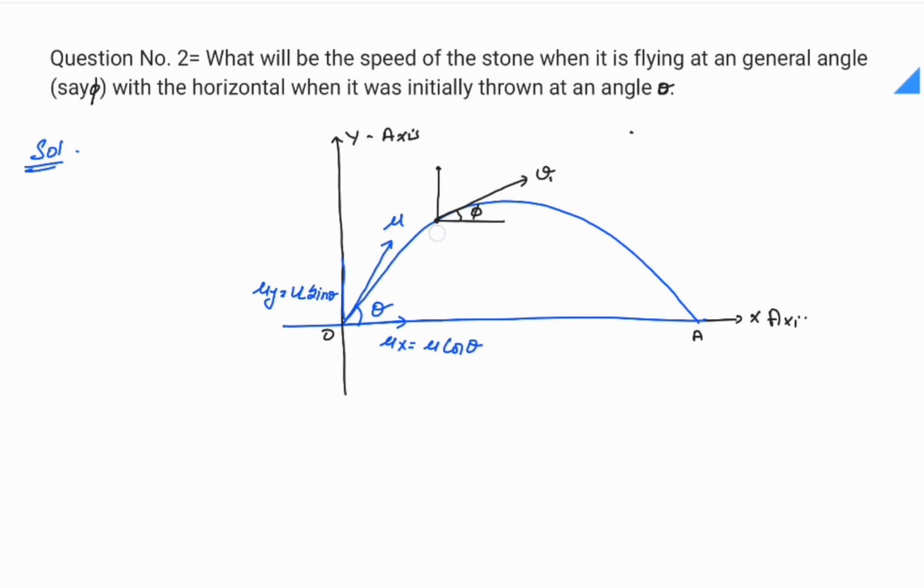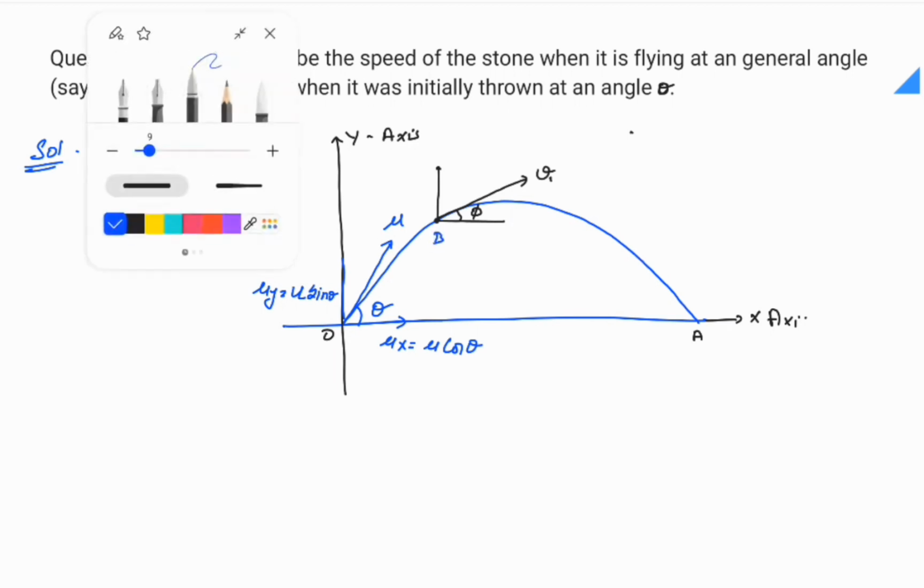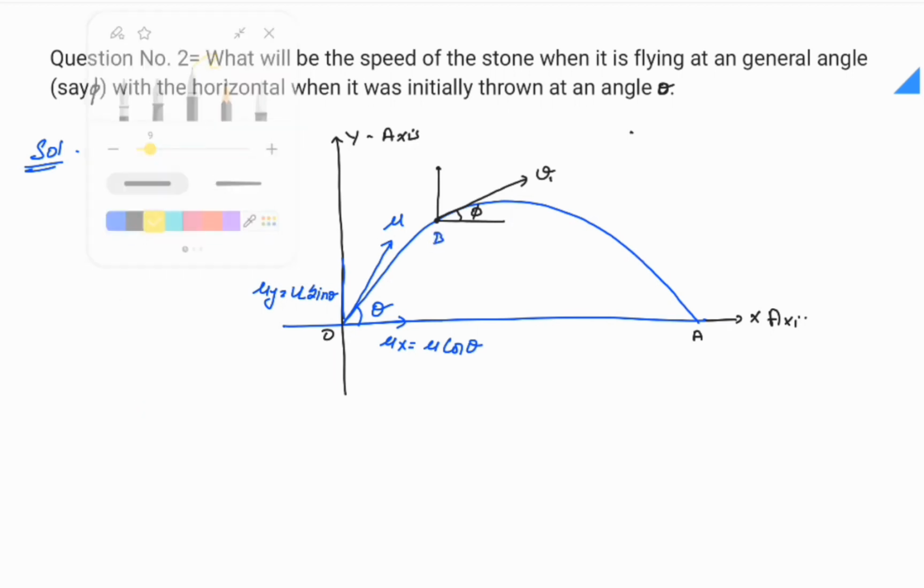Now consider the point B and calculate the horizontal and vertical velocity there. This is going to be V1 cos phi, and the vertical is V1 sin phi.